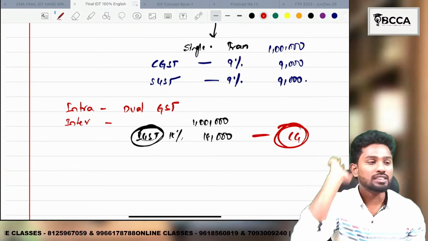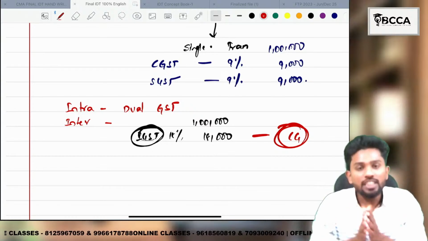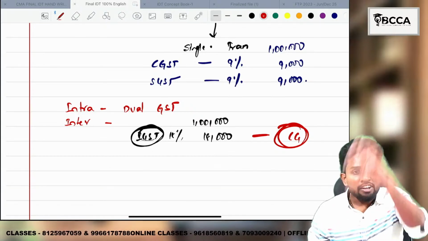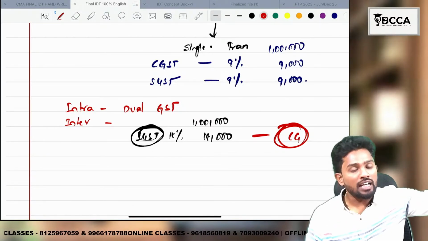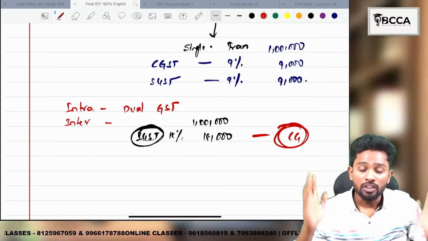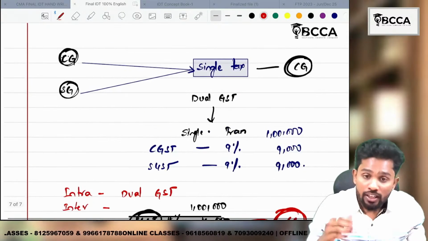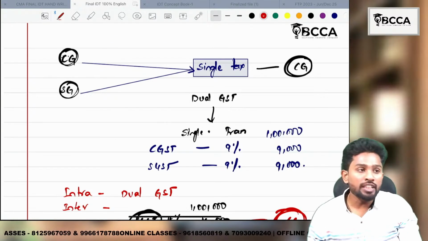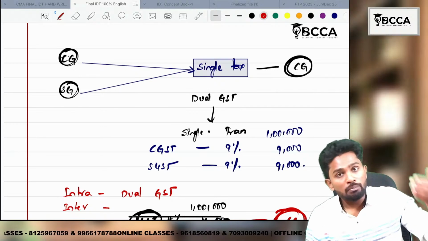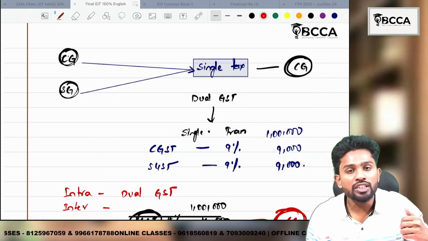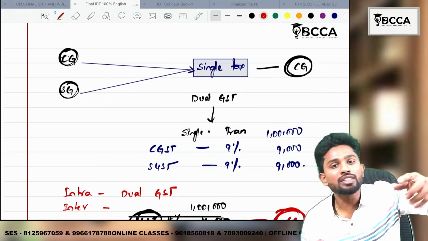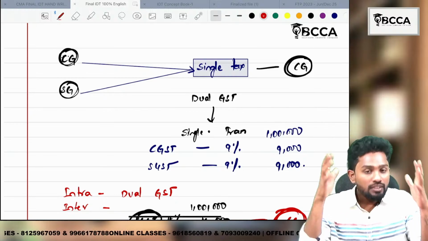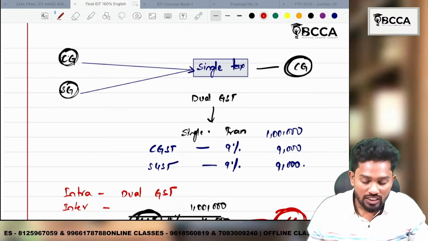Now again state started the problem. So this itself is our first problem. Our money being taken away by the central is our first problem. To solve that problem only, the dual GST model is introduced. But once again, if there is a problem in dual GST, if again you take back to the single tax model, that is our basic problem. That's what states are arguing.